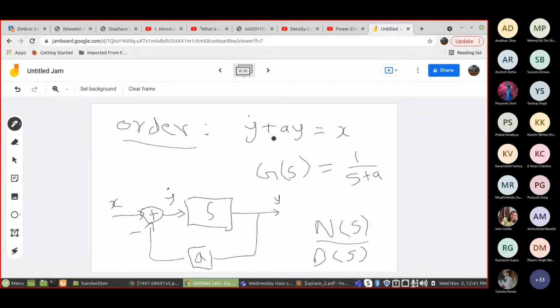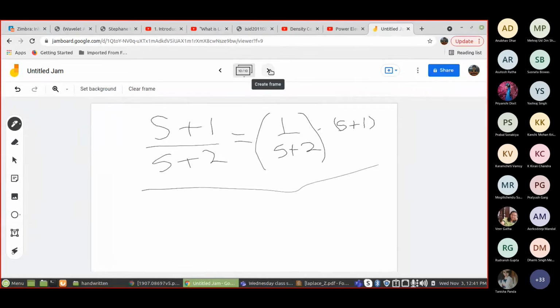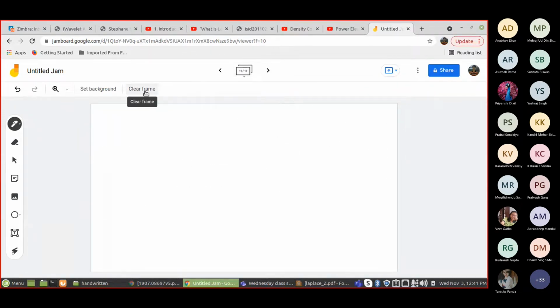So there is one more thing. For a second order system, you have this polynomial of second degree, Bs maybe, or whatever, I forgot what we write here.